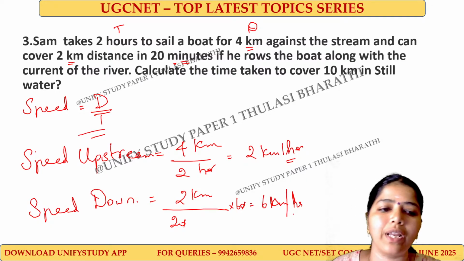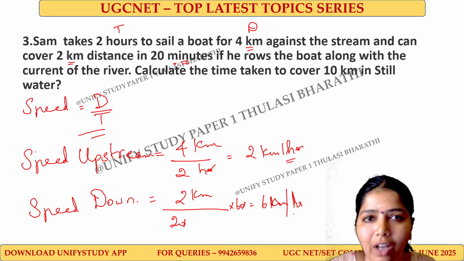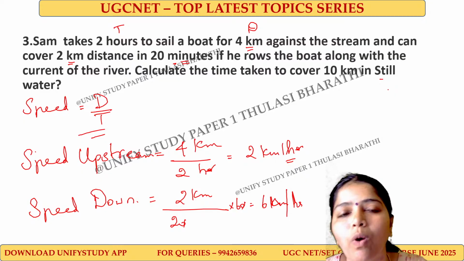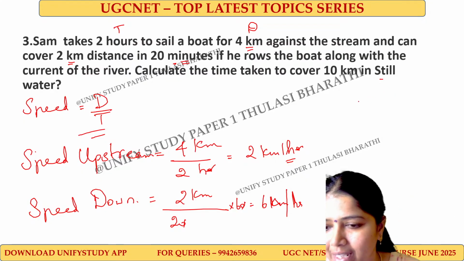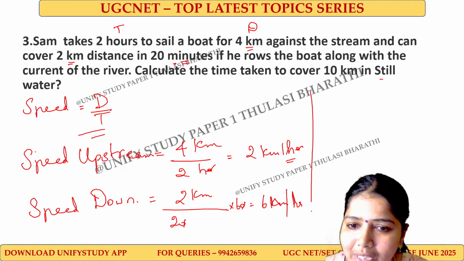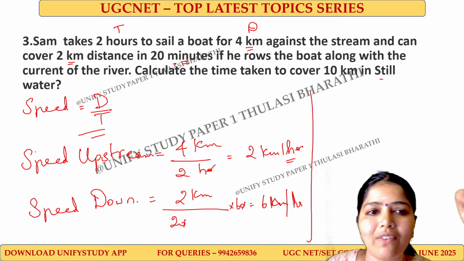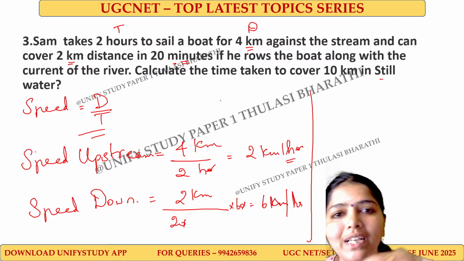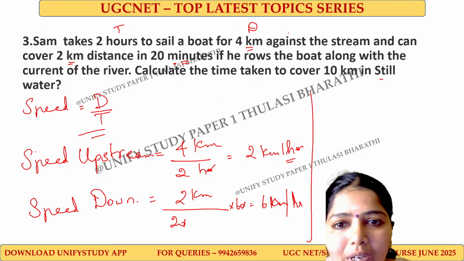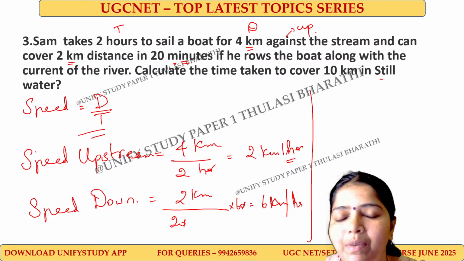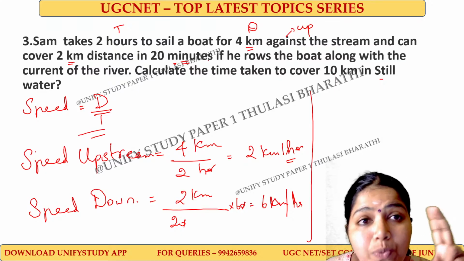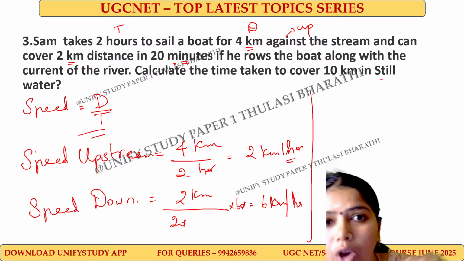Now we have calculated the speed of the upstream and downstream. Then we have to calculate the speed in still water and also the time taken. The question: Sam takes 2 hours to sail a boat for 4 km against a stream. Against means what? This is called upstream. And he can cover 2 km in 20 minutes if he rows the boat along with the current.